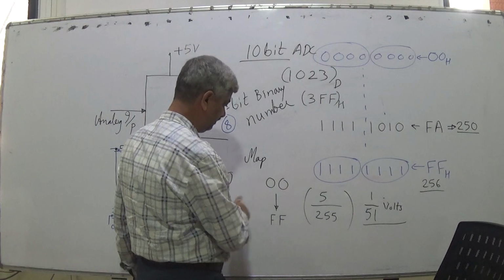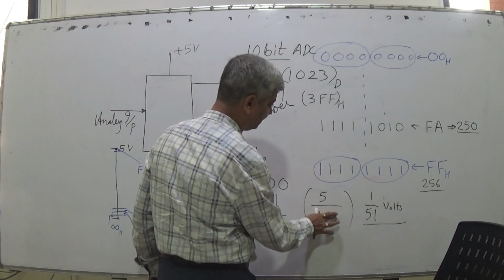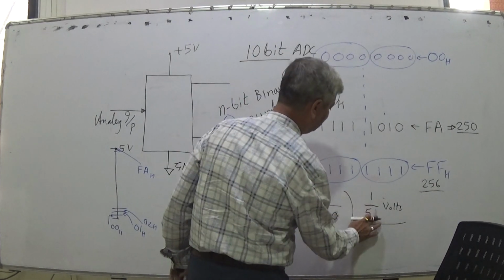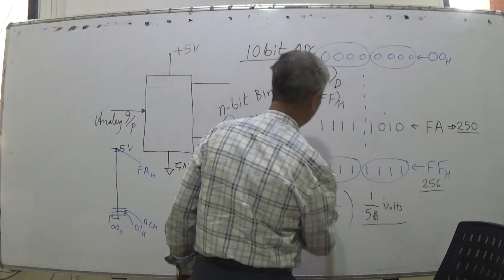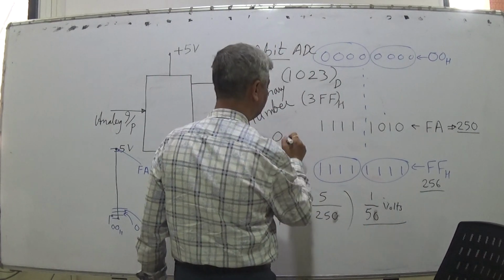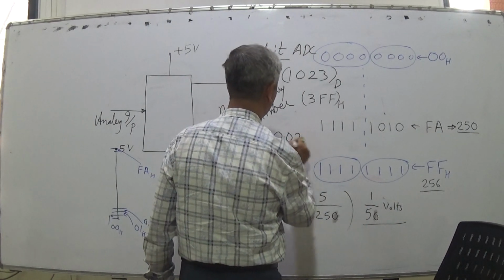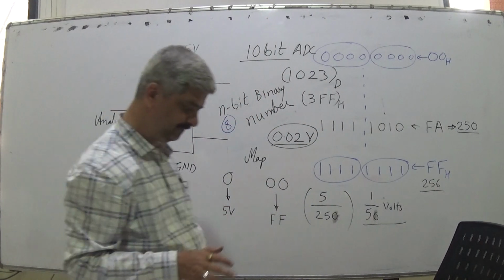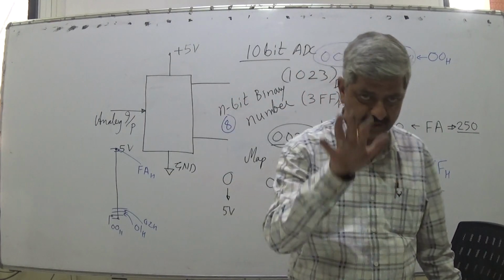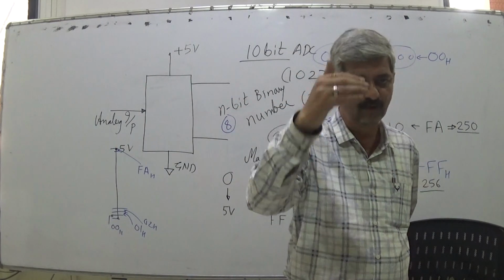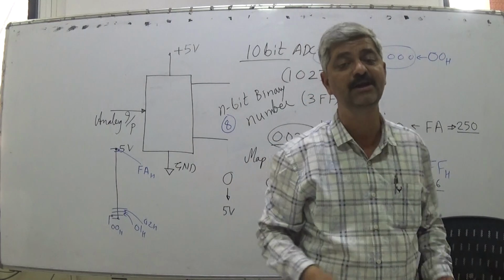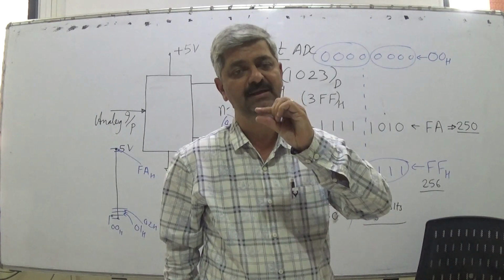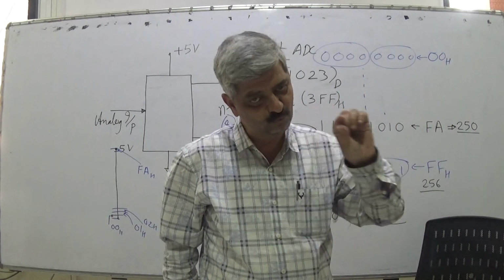Instead, you adjust the scale such that instead of 255 it is 250, then it will be 1 by 50, and 1 by 50 is 0.02 volts. 0.02 volts will mean the count of ADC will move at 1, means 0.02 is the size which would be converted, which will be mapped for one digital value.